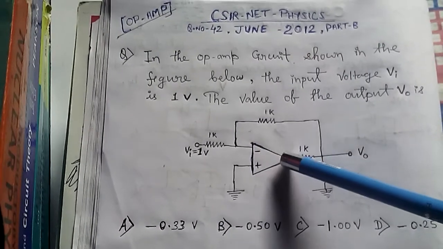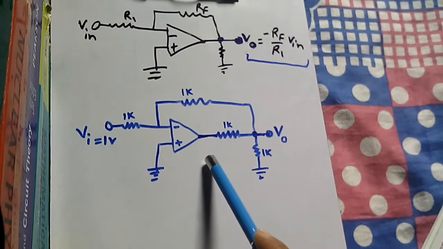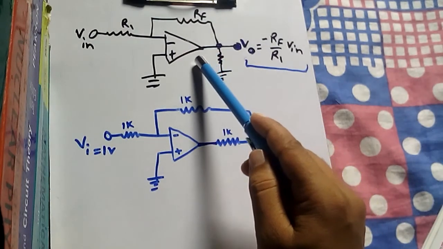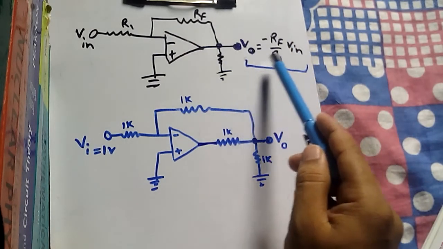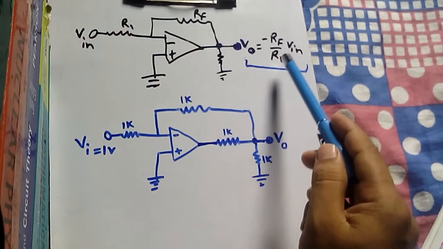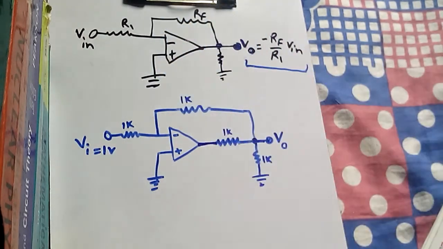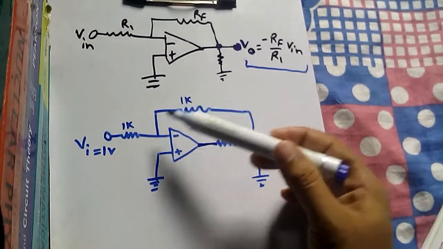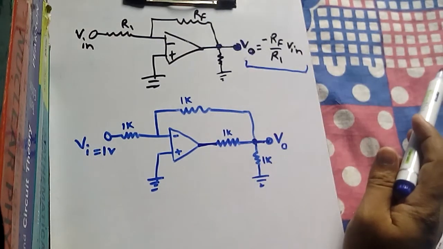Now I have drawn this circuit on my board, and I have also drawn a standard inverter circuit with feedback, and I have written down the output of the standard feedback circuit, that is minus RF by R1 into Vin. This is RF and this is R1. Now compare our given circuit with the standard inverter circuit with feedback.